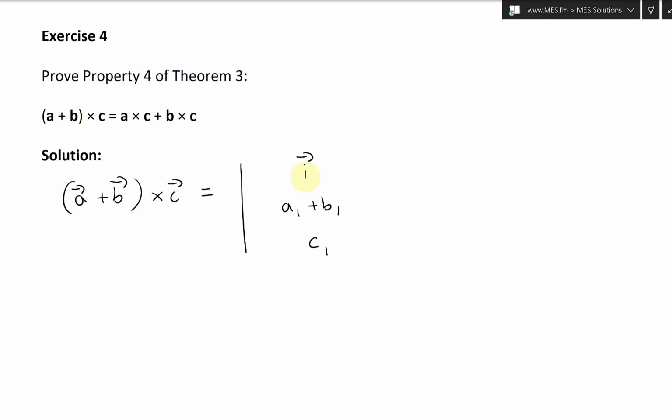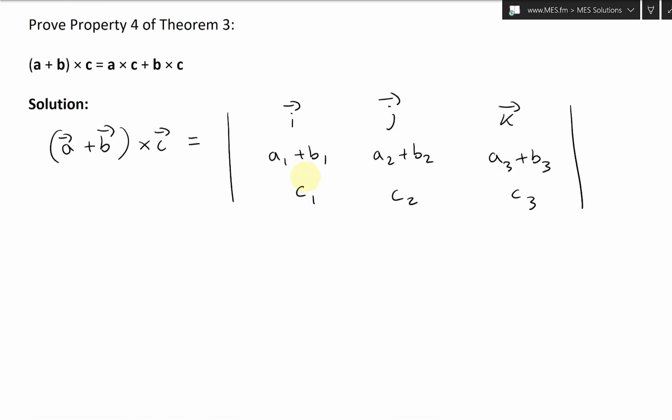And then the next one is going to be J vector. This is going to be A2 plus B2, and then C2. And the next one is going to be A3 plus B3, C3, like that.